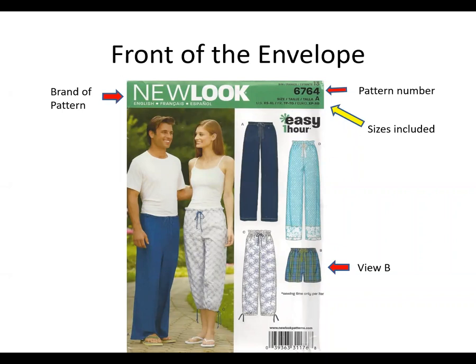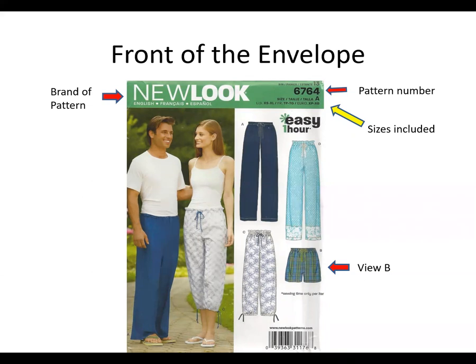You'll notice view A is full length, view B is short, view C is a little bit longer with a tie at the mid-calf area, and view D is long, but it's two different fabrics. It's got a different fabric at the bottom. And that's going to tell us which one we want to do. We need to find out.